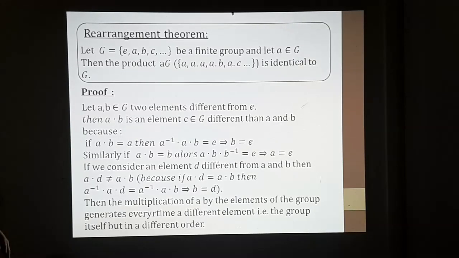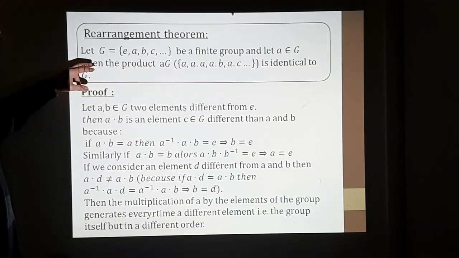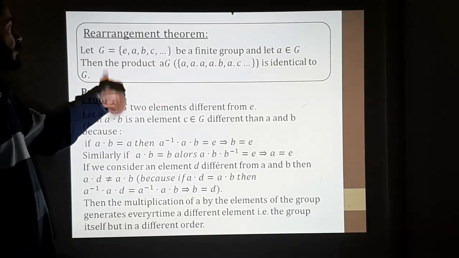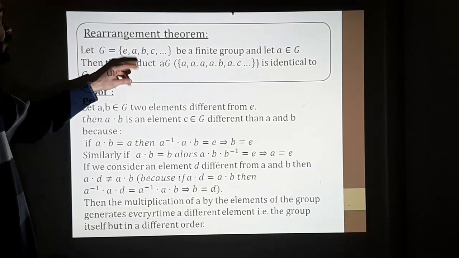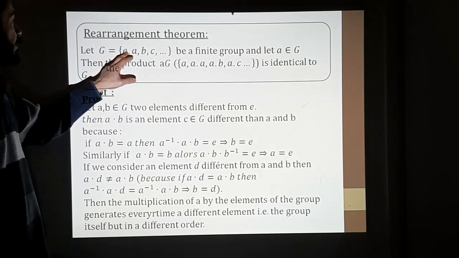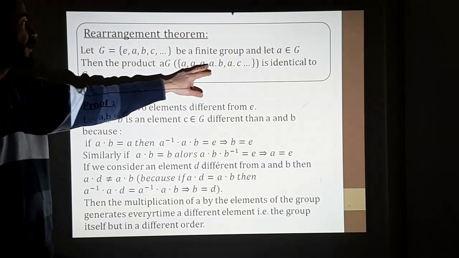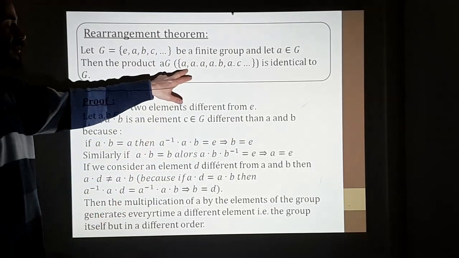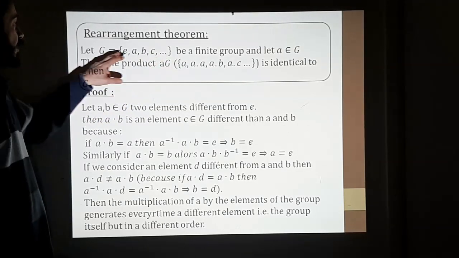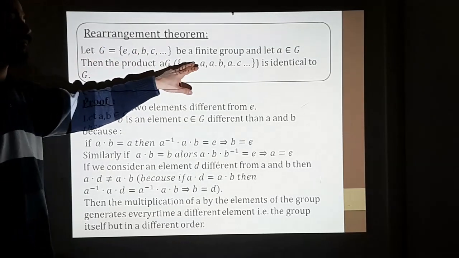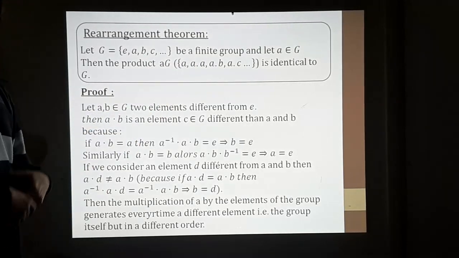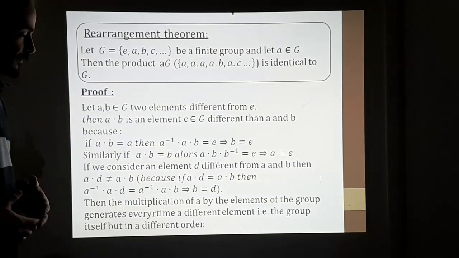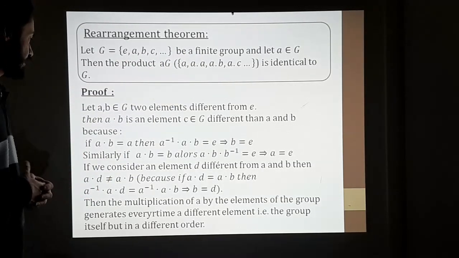So if I take an element A belonging to G and I multiply A by G, in other words, I form the ensemble of elements A multiplied by E, A multiplied by A, A multiplied by B, A multiplied by C, etc. Then this ensemble of elements is the group itself, but in different order. But it doesn't matter because the group is defined as the ensemble of elements. The order is not important here. Okay, the permutation of the elements is not important.